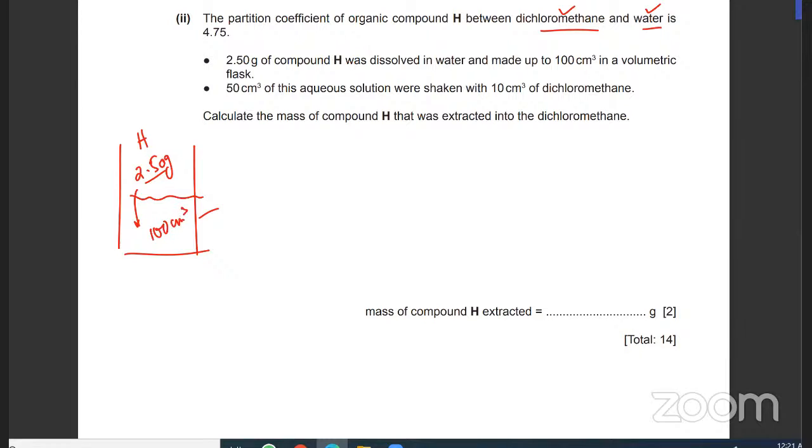So you got 100 cm cube of water, and then 50 cm cube of this solution was shaken with dichloromethane. So you put 50 cm cube into some other apparatus. So it will be half. That makes sense. So that means you got 1.25 grams.